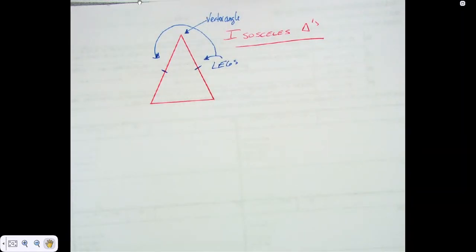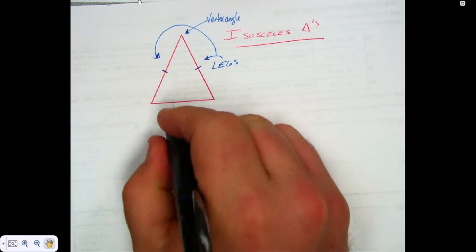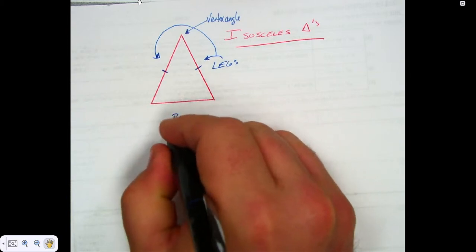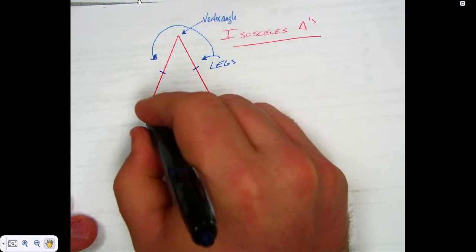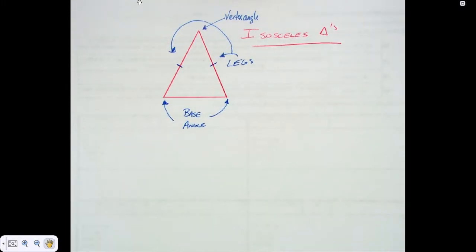The angle where the legs meet is called the vertex angle. And the two angles at the bottom, opposite the vertex angle, are called your base angles.